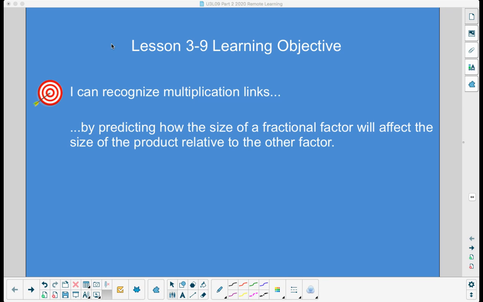When you multiply a fraction by a fraction equal to 1, your product will be equal to your original fraction. And finally, if you multiply a fraction by a fraction greater than 1, you will get something greater than that first fraction. So what you're doing is predicting how the size of a fractional factor will affect the size of the product relative to the other factor.